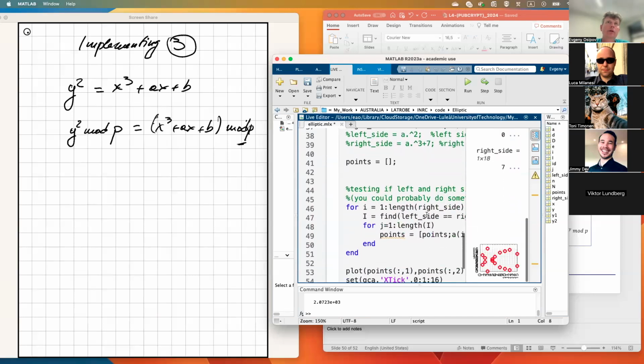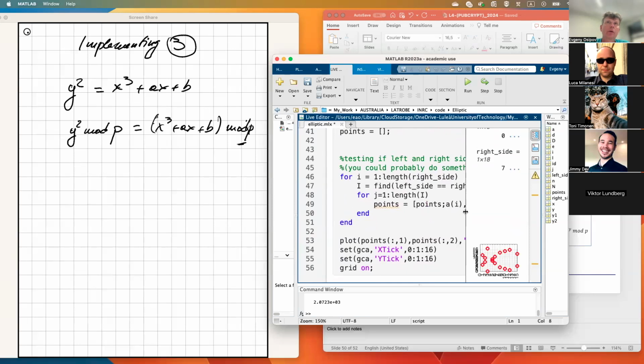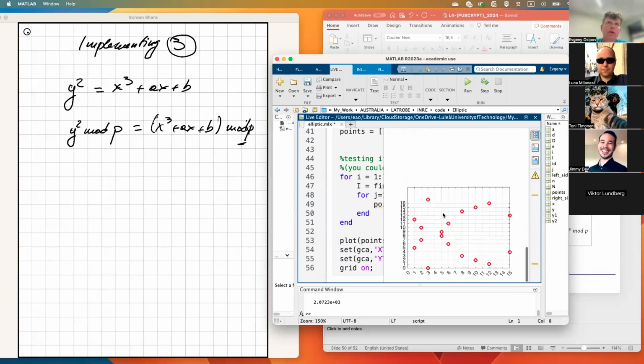And let's see what is going on here. So if you visualize it, you will see a picture like this. So these are discrete points. You see there is some symmetry, and all numbers of this original curve are now integers in the interval 0 to 17. Well, it never goes to 17, but like this.